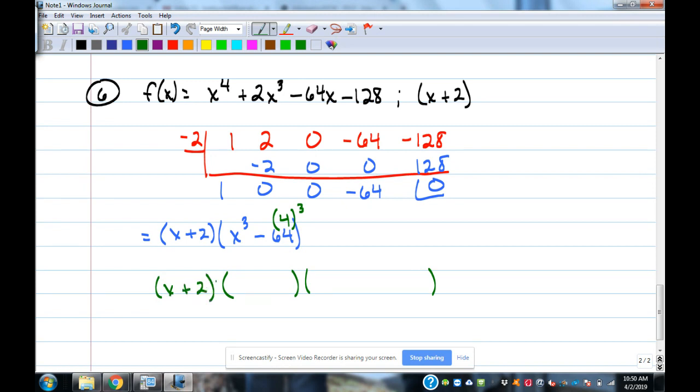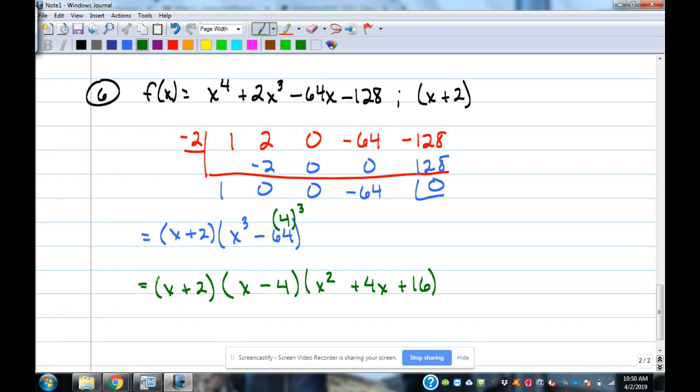What's the short piece for x cubed minus 4 cubed? X minus 4. Good job. And then the long piece, plus 4x plus 16. And that's memorizing that pattern from the sums and differences of cubes.